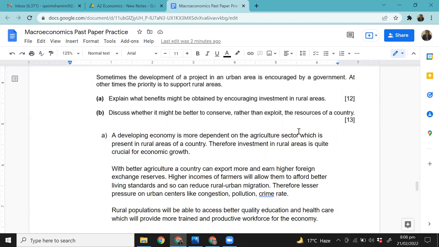But since you will sooner run out of your resources, your future generations will not have as high a living standard as your current generations are experiencing. And on the opposite, you can conserve more, which means that you are compromising on the living standards of current generations, in the hope of having higher living standards for your future generations. Are you getting me?